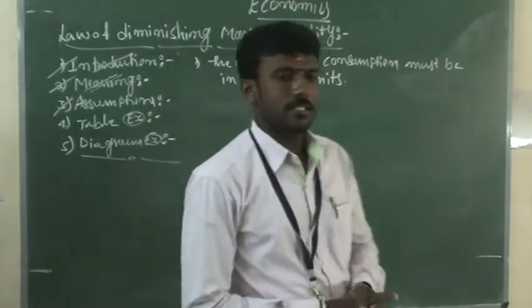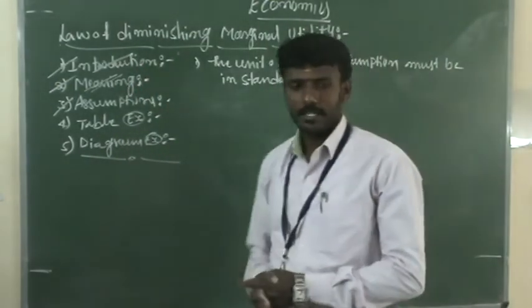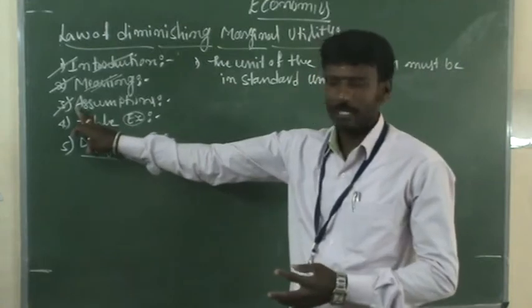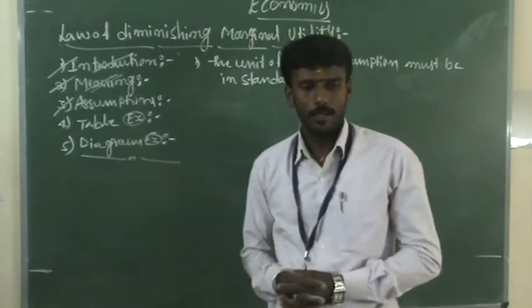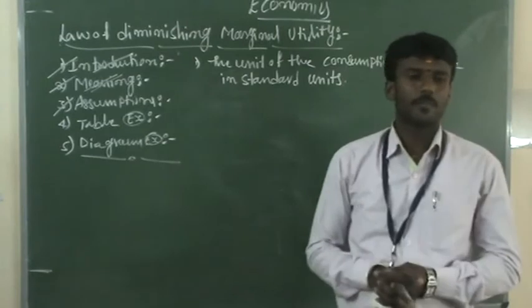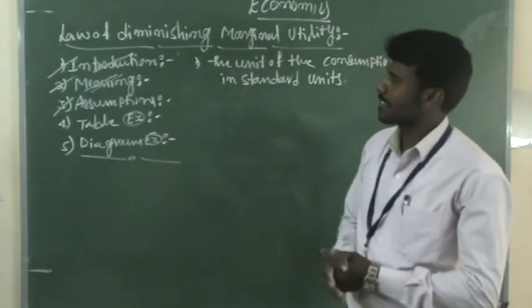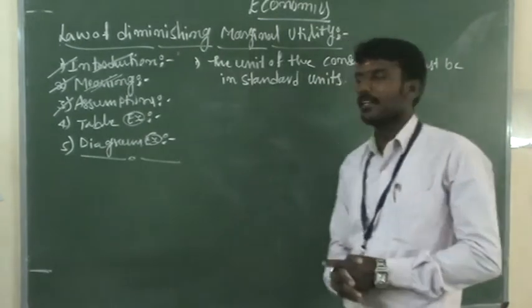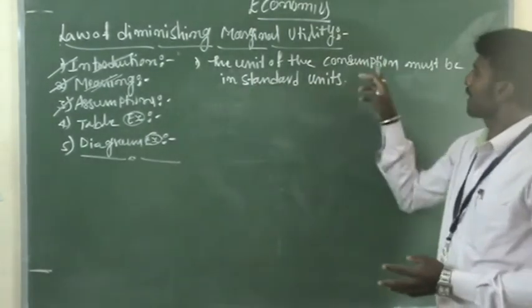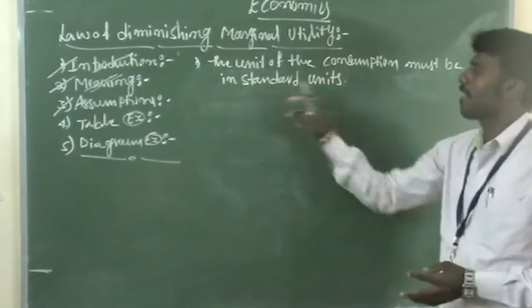See students, the next subconcept, the third subconcept, is assumptions: the assumptions of the law of diminishing marginal utility. The first important assumption of the law of diminishing marginal utility is that the units of the consumption must be standard units.